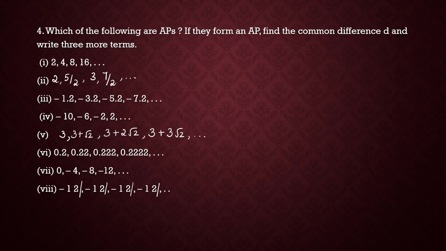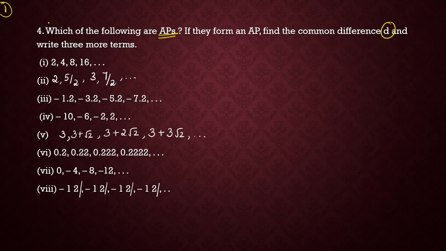Now the last question of the exercise. Which of the following are APs? Now you will have to verify whether the common differences are same. So if they form the AP, you have to find the common difference D, and also you will have to write the 3 more terms. Since there is a shortage of space, I'll be starting from the corner only.